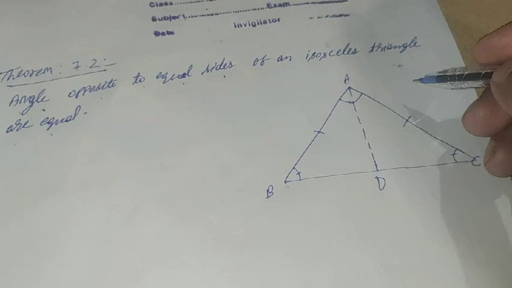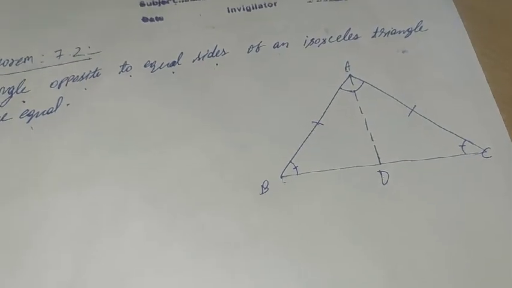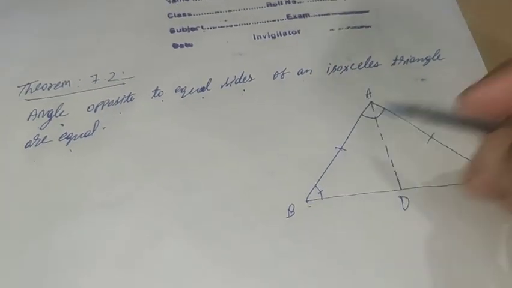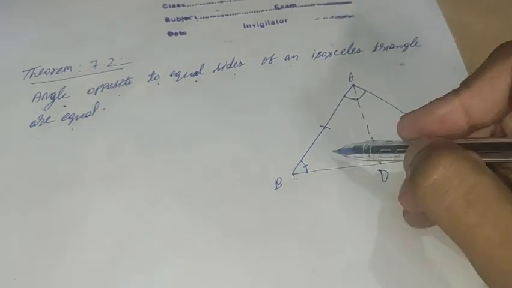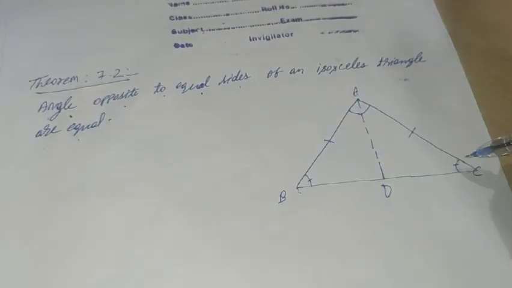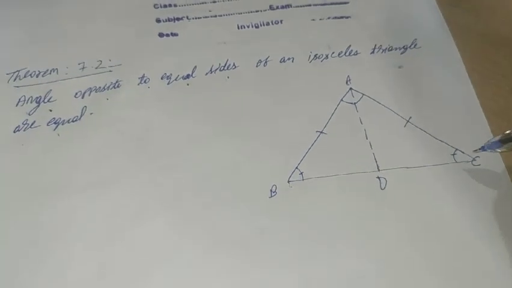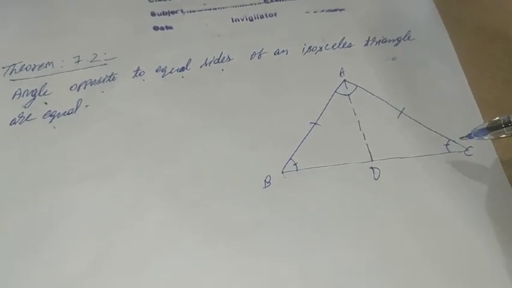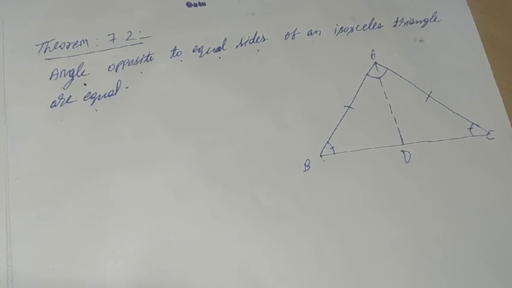So by the side angle side rule, these two triangles are congruent. Then angle B is equal to angle C by CPCT.